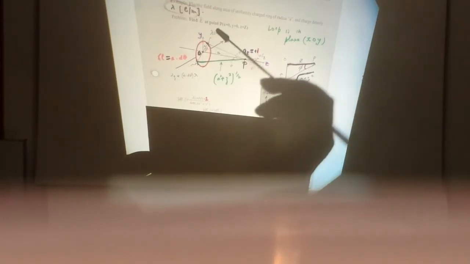So therefore, I can write down now my first expression. The electric field due to the small element, the dq, lambda A d theta, is given by the charge dq, or lambda A d theta, times 1 over 4 pi epsilon r squared. R squared is given by this distance here. This is a right angle triangle.